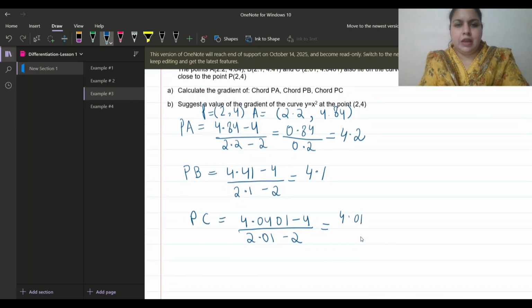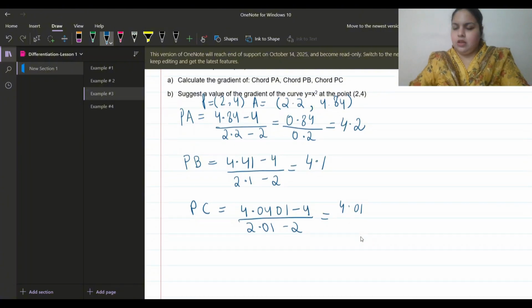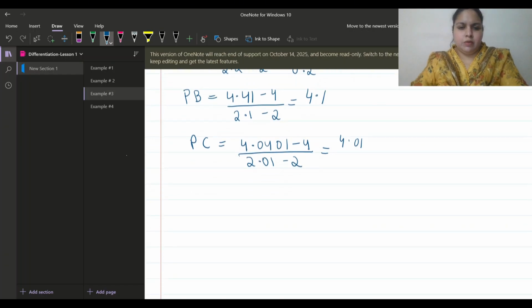Okay, so suggest a value of the gradient of the curve y equals x squared at the point. Since for a straight line this was a simple method, now you need to find the gradient of the curve. So for the curve, you will take the derivative of x squared. Again we will apply the power rule: n x to the power n minus 1, d upon dx of x.